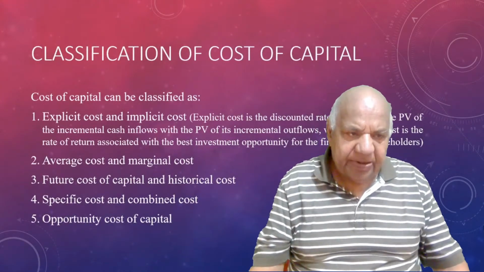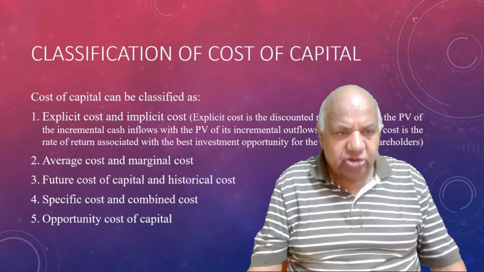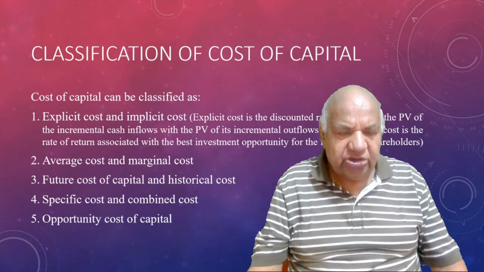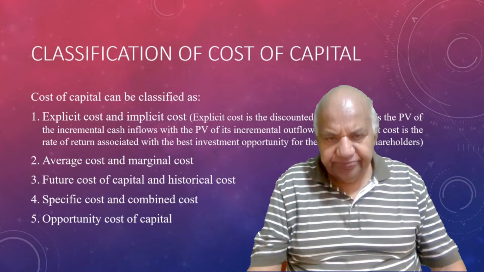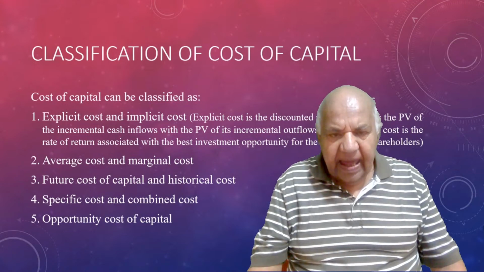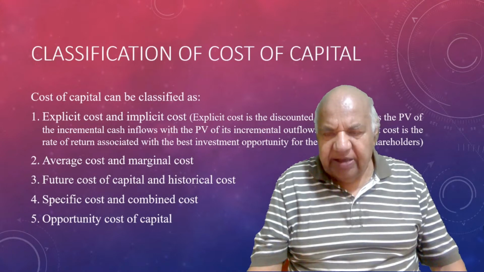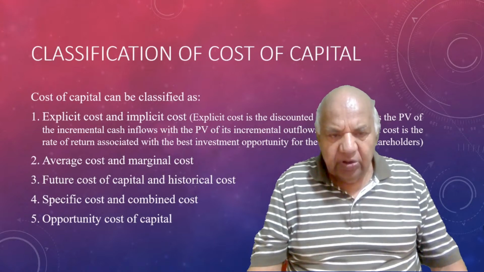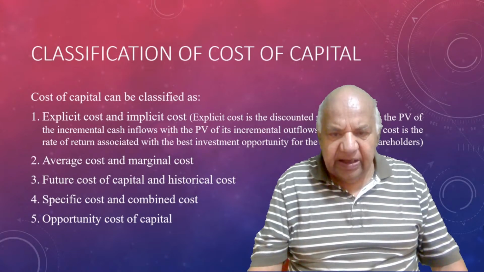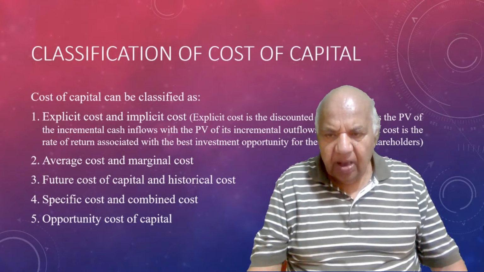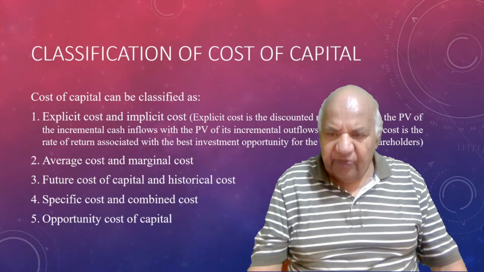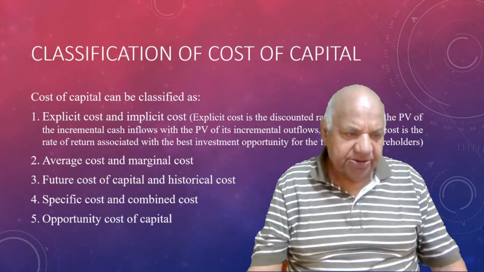Classification of cost of capital. Cost of capital can be classified as explicit cost and implicit cost. Explicit cost is the discount rate that equates the present value of incremental cash inflows with the present value of its incremental outflows, while implicit cost is the rate of return associated with the best investment opportunity for the firm and its shareholders.